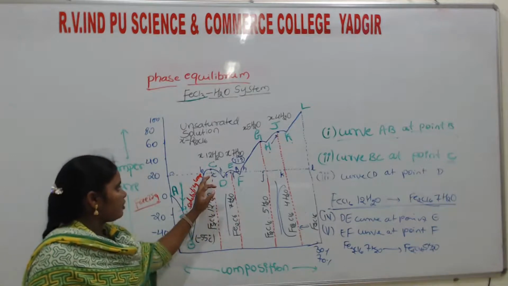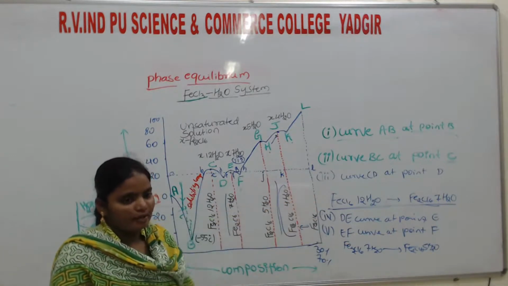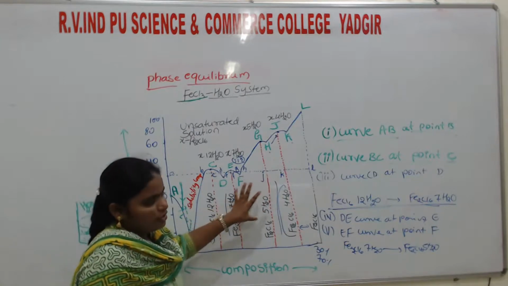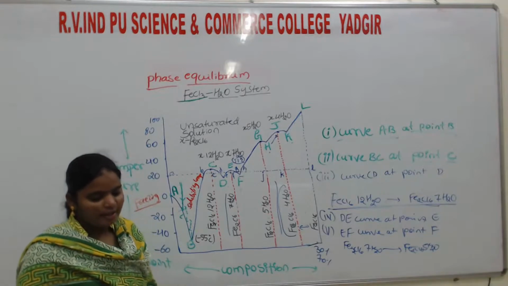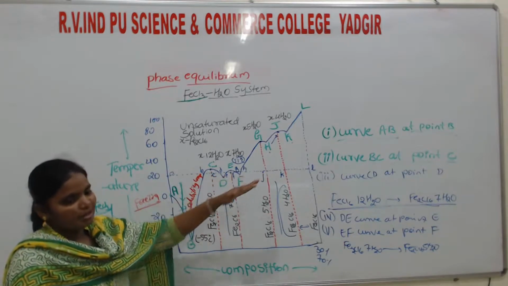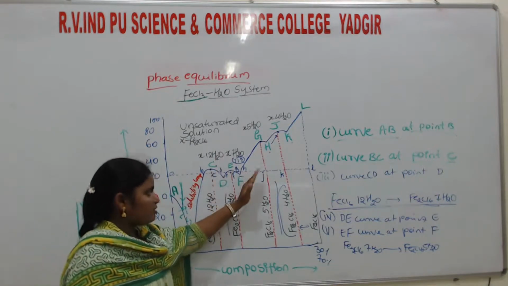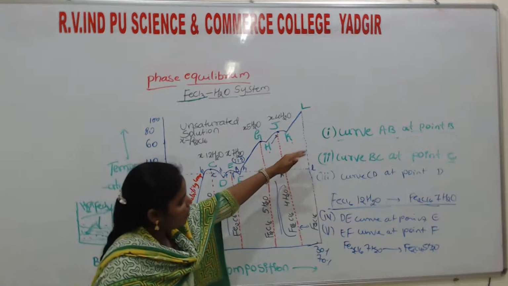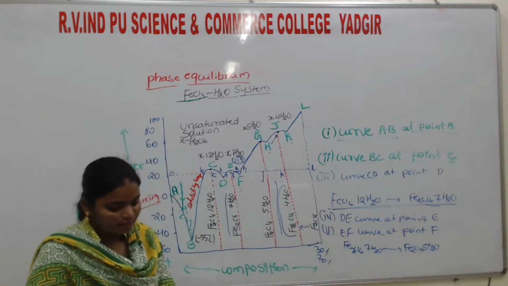The second point is heating beyond the point B: water evaporates and the temperature increases, finally forming anhydrous ferric chloride.